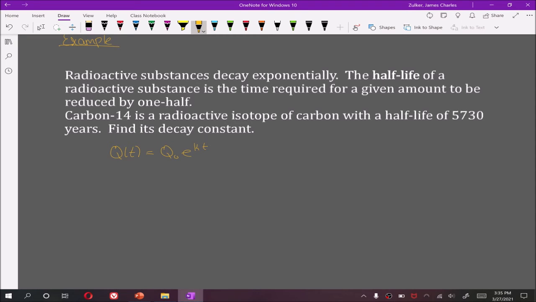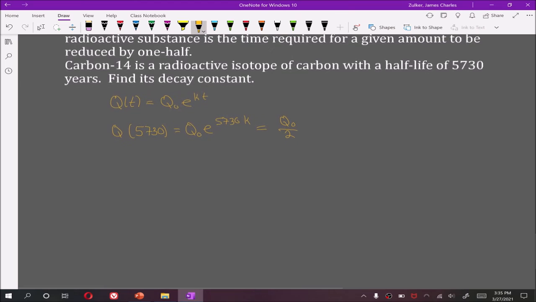We also know that Q of 5,730 will equal Q naught e to the 5730k, and this is Q naught over 2, right? It's the initial amount divided by 2. So what this means is that e to the 5730k is equal to 1/2.